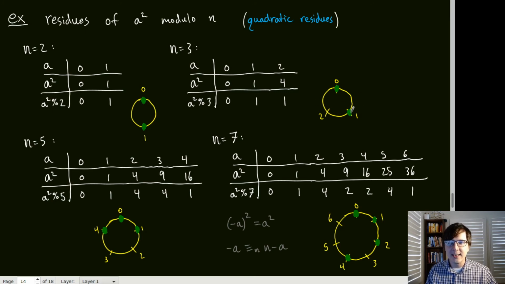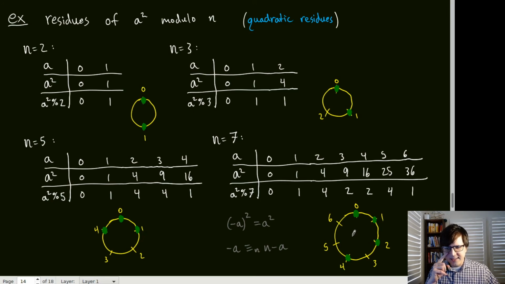So for 3, we've got 1 residue, 1 non-residue, quadratic residue, quadratic non-residue. And then for 5, excluding 0, we've got 2 quadratic residues and 2 quadratic non-residues. And then for 7, we've got 3 quadratic residues and 3 quadratic non-residues, again excluding 0.